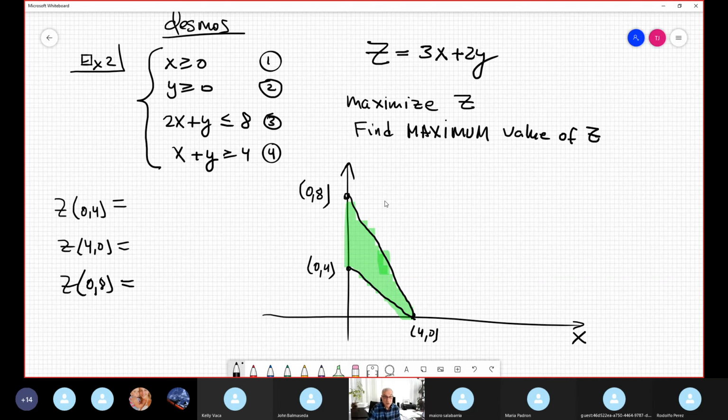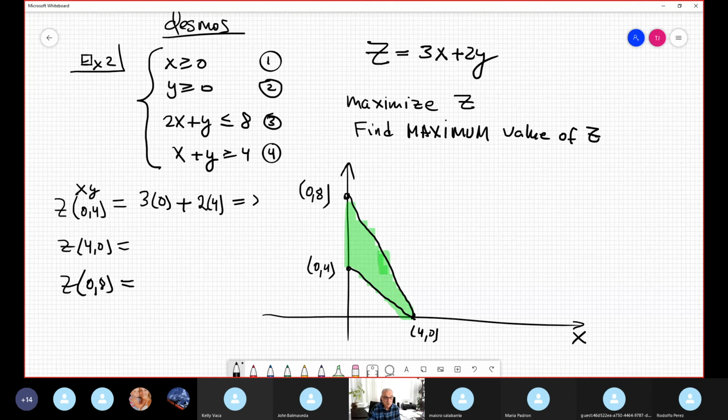Let's do it. This is the X value, this is the Y value: 3 times 0 plus 2 times 4. Here, you replace x equals 0, y equals 4.